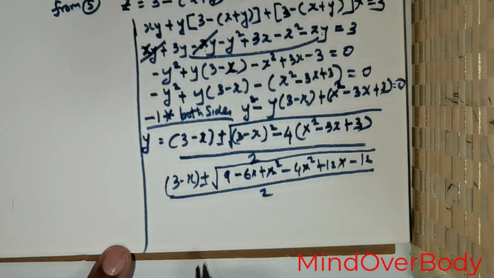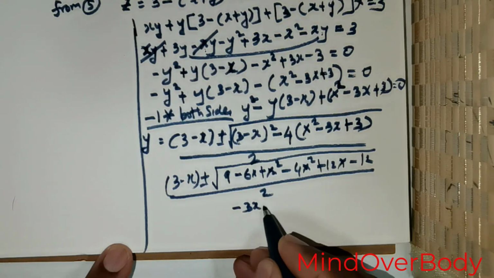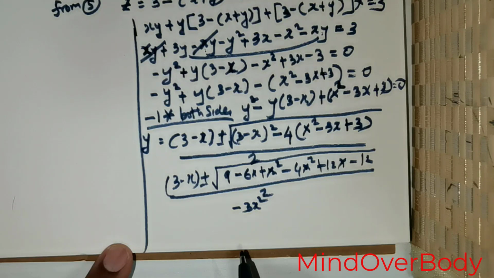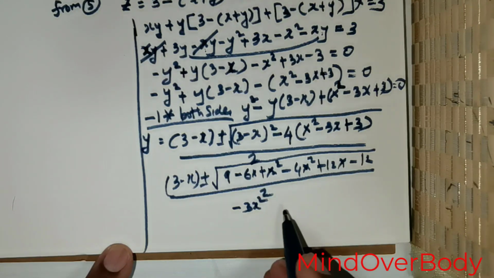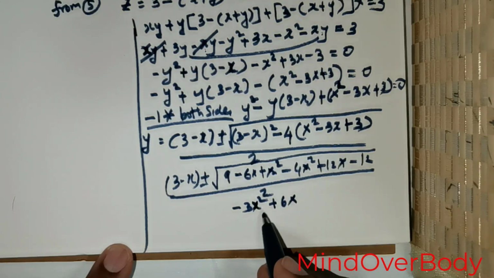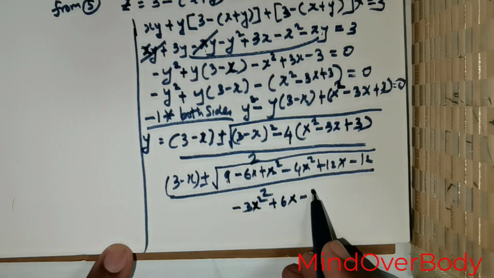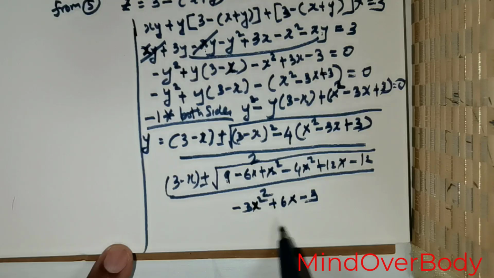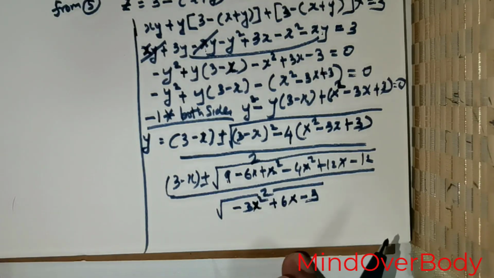Now x squared minus 4x squared, that's going to be negative 3x squared, and then you get negative 6x plus 12x, that's going to be positive 6x, and then you get 9 minus 12, that's going to be negative 3, right? This is what you got, and everything is in the square root.